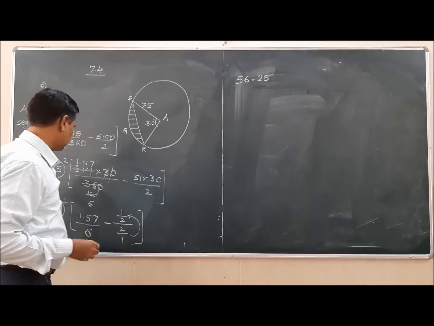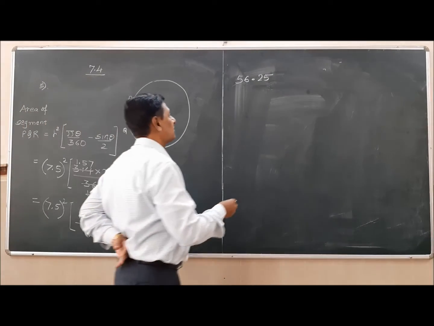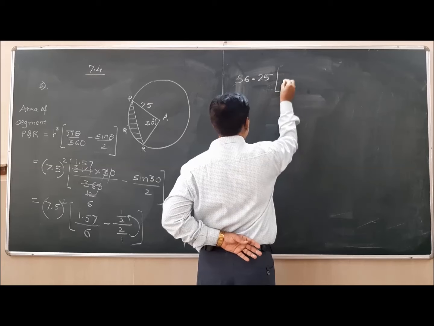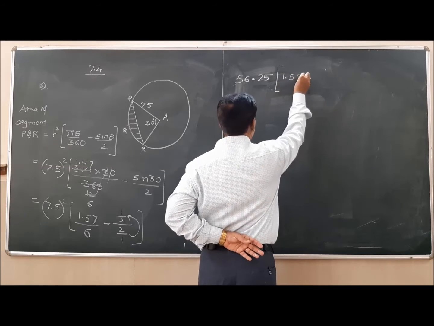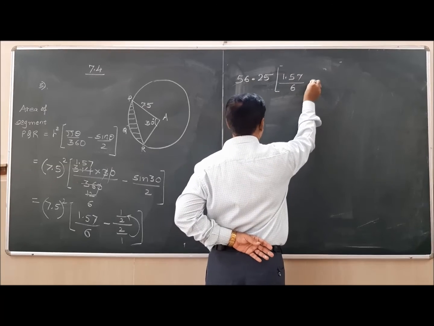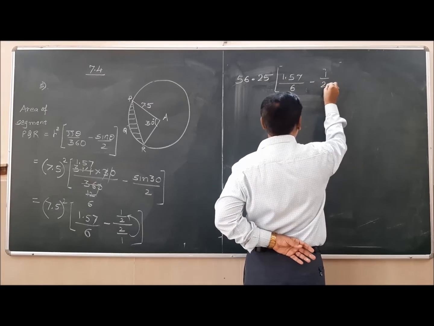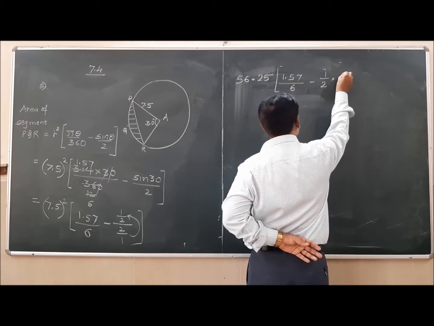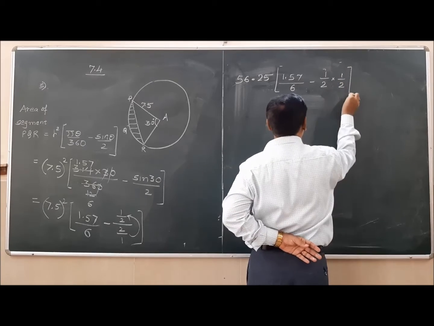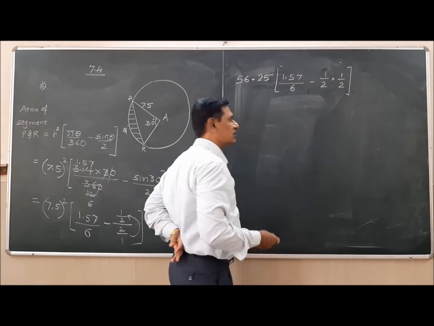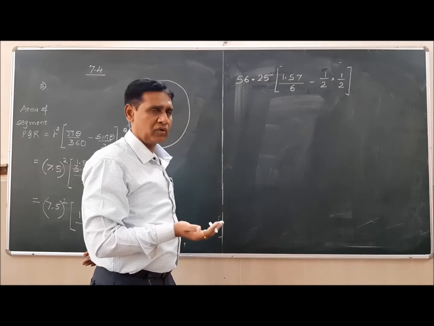Now next to that is 1.57 upon 6 minus 1 upon 2 into 1 upon 2, because 2 upon 1 from the denominator will become 1 upon 2.